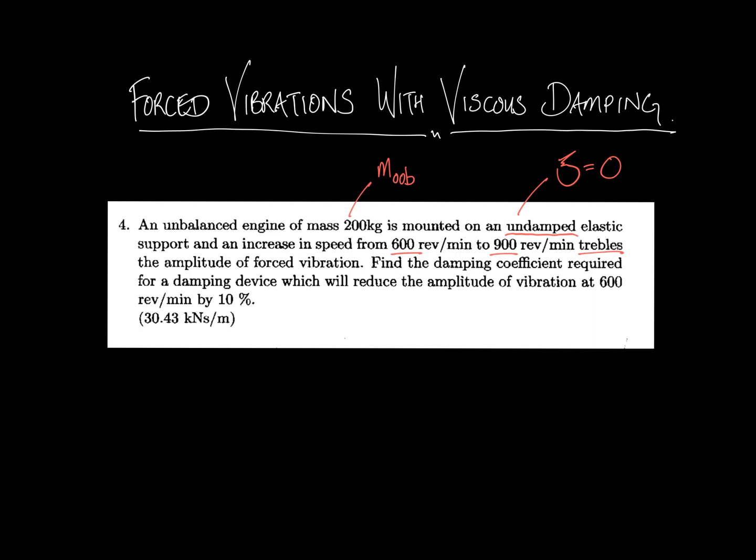Right, so we have a case here where we want to design a damping device that can reduce this amplitude by 10% when it's running at 600 rpm. So let us first start by writing down what we are given and what we are supposed to find. The out of balance mass, damping ratio 0.